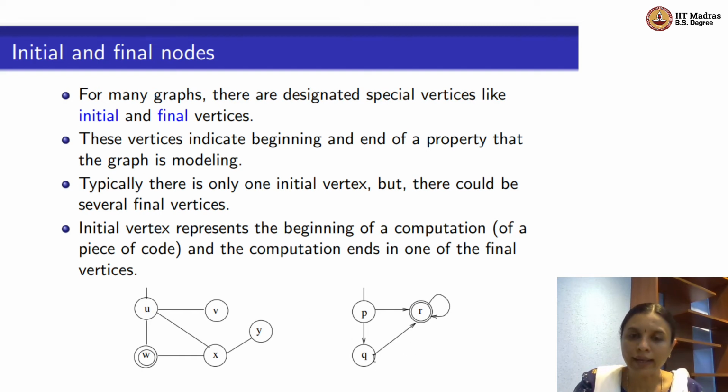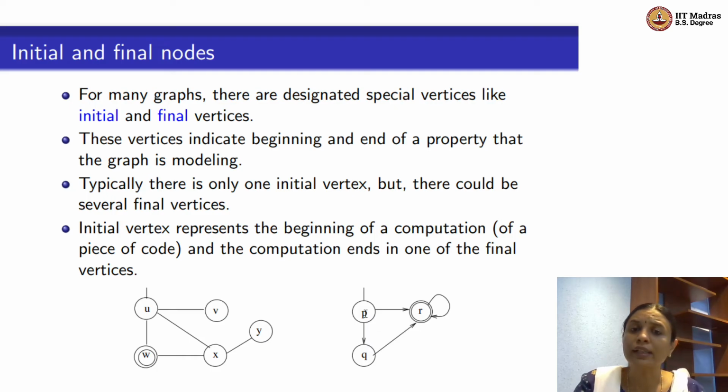But in the graph on the right, suppose I ask you the question, is vertex q reachable from vertex r? I will repeat, is vertex q reachable from vertex r? The answer will be no, because if you see, there is no path that connects r to vertex q. But suppose I ask some other question.